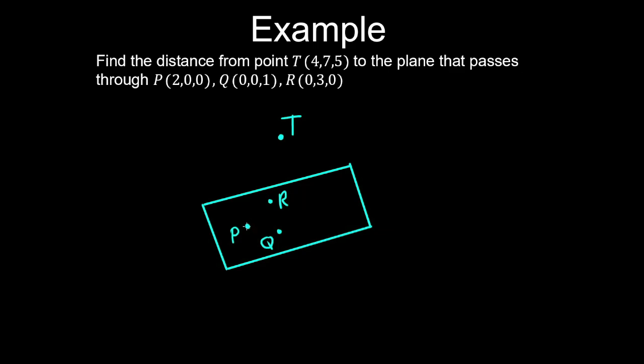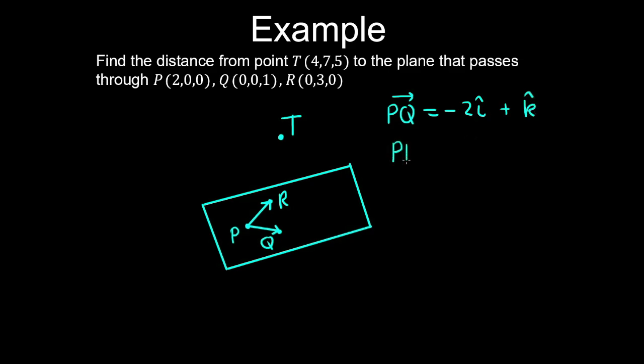So what we do is take a vector from P to Q and a vector from P to R, and then take their cross product to get the normal. So we have PQ is 0 minus 2 in the I direction, plus 0 minus 0 in the J direction, plus 1 minus 0 in the K direction.